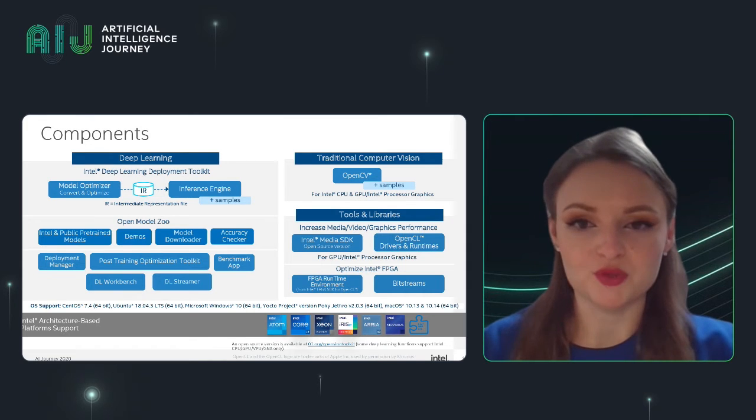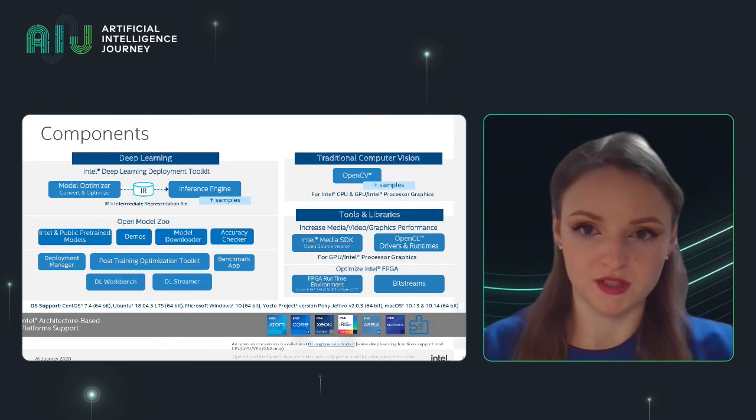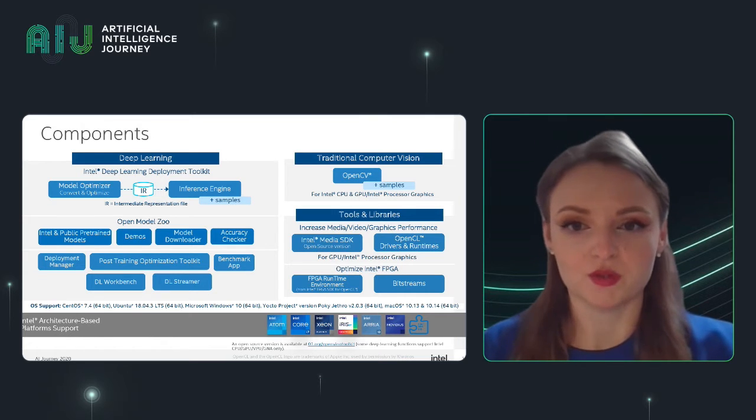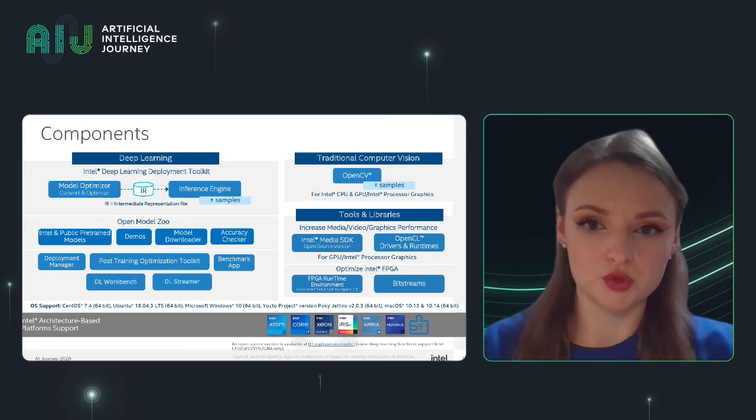Let's move on to the main and more comprehensive part, which is deep learning. When we talk about deep learning in OpenVINO, we mean deep learning inference. I prefer to say inference, and that's why I will continue this way.